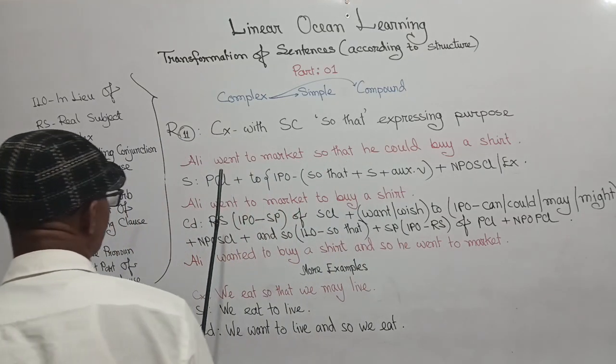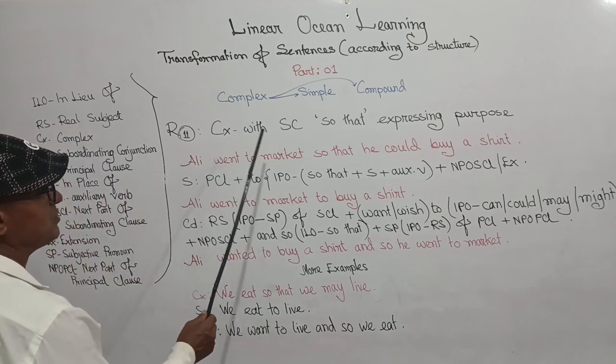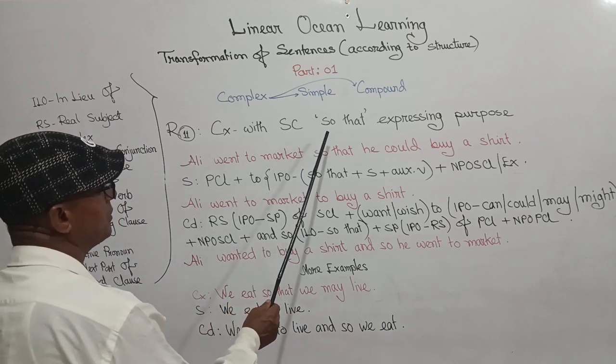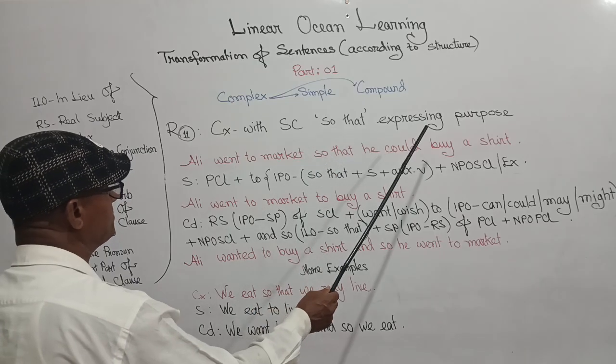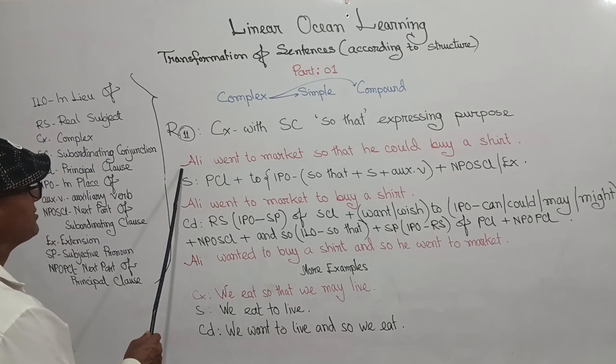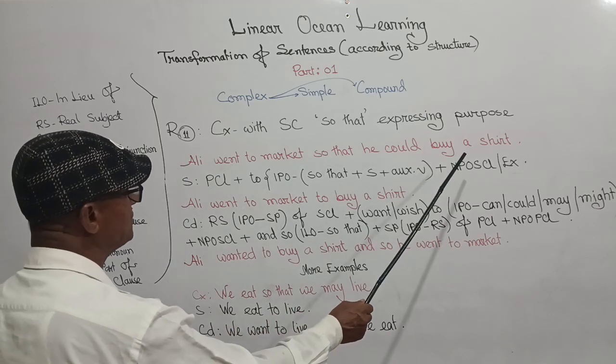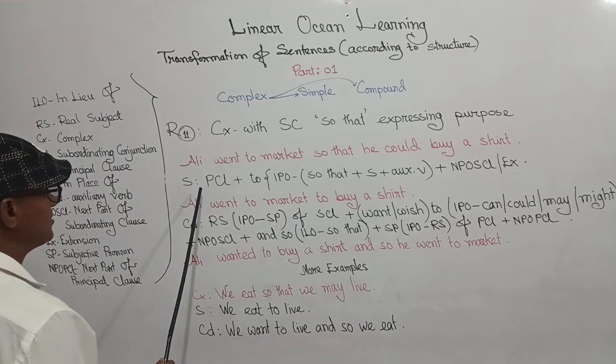Now look at the structure of transforming a complex sentence with the subordinating conjunction "so that" expressing purpose. If we want to transform this complex sentence, Ali went to market so that he could buy a shirt, we have to follow the structure.